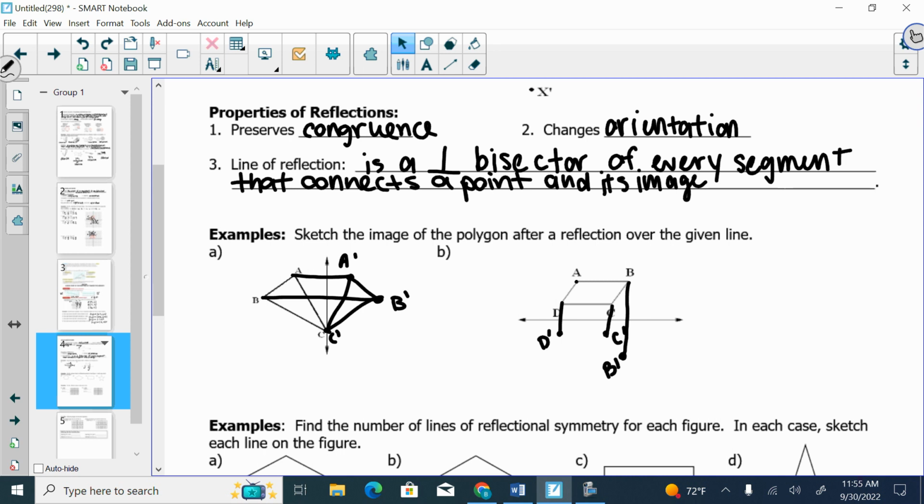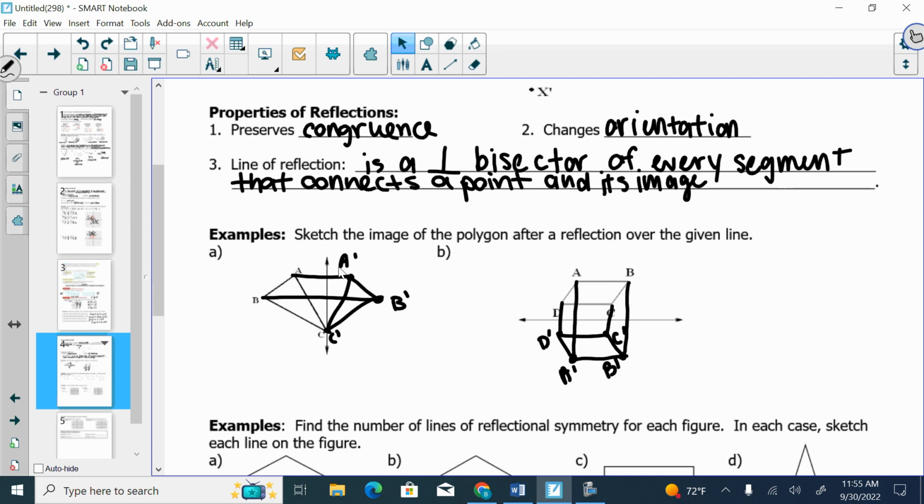And A is going to have some reflected point down here. Okay. So they each had a matching point below that was in the same spot just across from it, right?